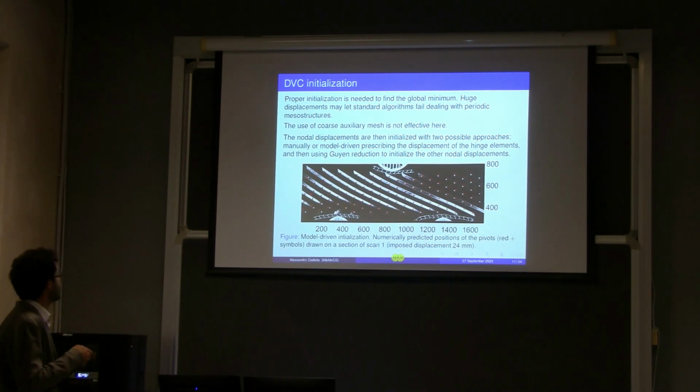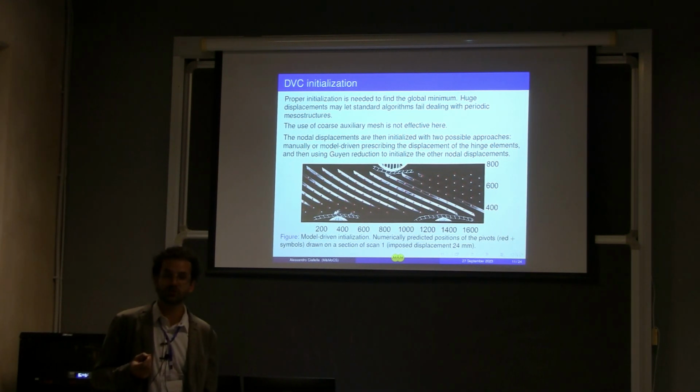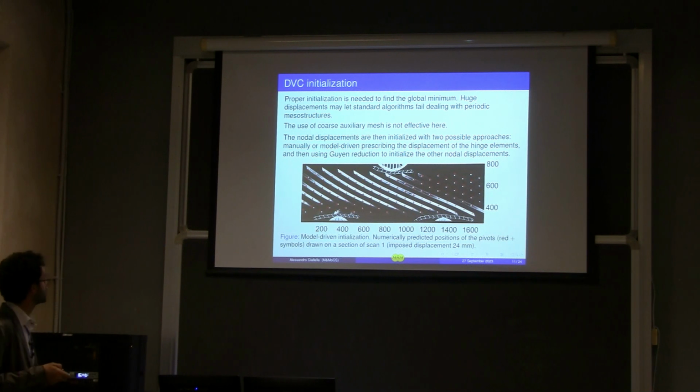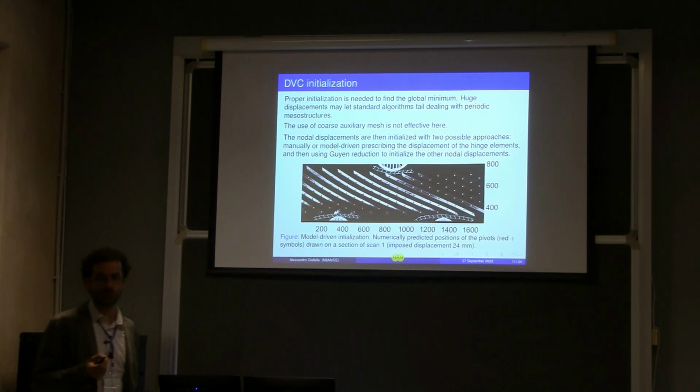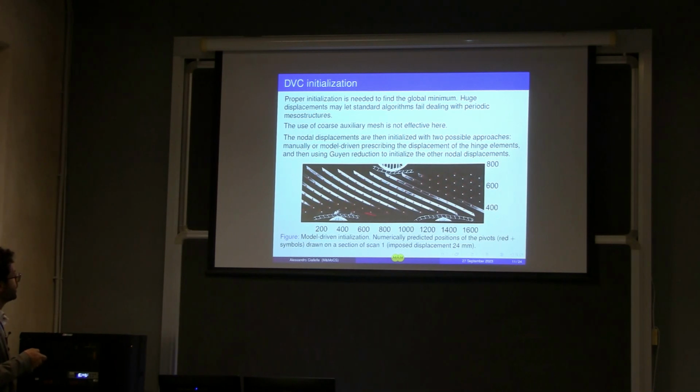Here we see, with the red crosses, the prediction made using numerical simulations, and we can compare with the white dots, which are the actual current position of the pivots.